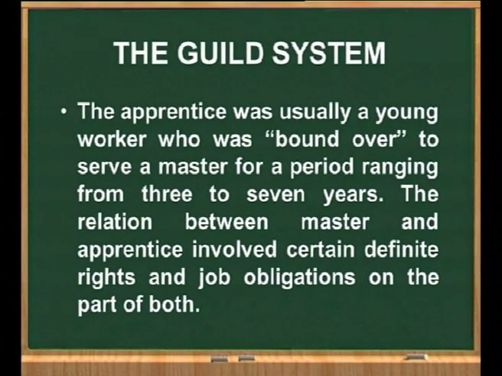The apprentice was usually a young worker who was bound over to serve a master for a period ranging from 3 to 7 years. The relation between master and apprentice involved certain definite rights and obligations on the part of both. Training in the skills of the craft along with the responsibility of disciplining him was the prime obligation of the master.